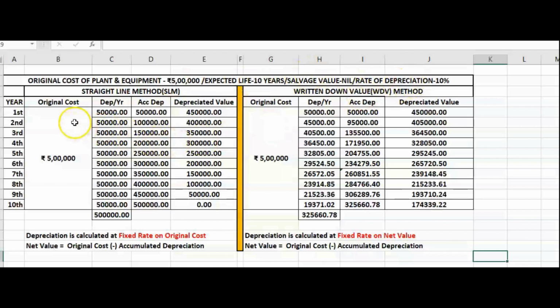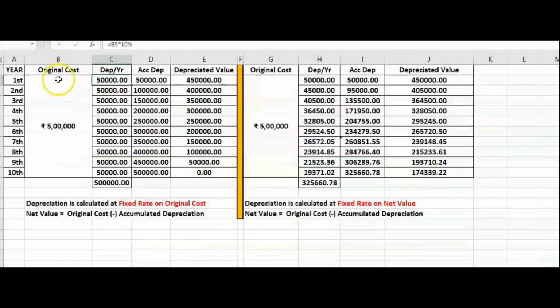Let's see how the depreciation would be calculated under each method. Now, under the SLM or the straight line method, the depreciation at the end of the first year would be calculated at original cost into rate of depreciation, that is 10%, which comes to 50,000. The accumulated depreciation at the end of first year is 50,000. The depreciated value or net value at the end of first year is original cost minus accumulated depreciation.